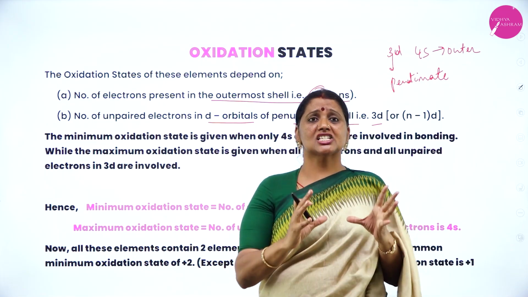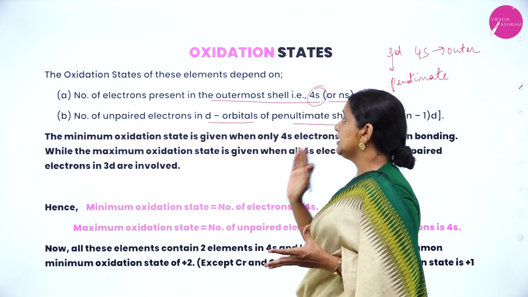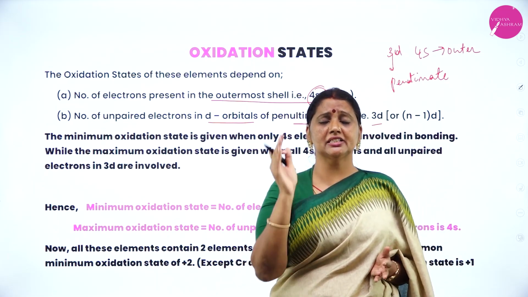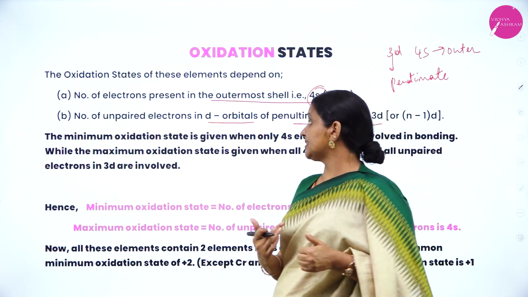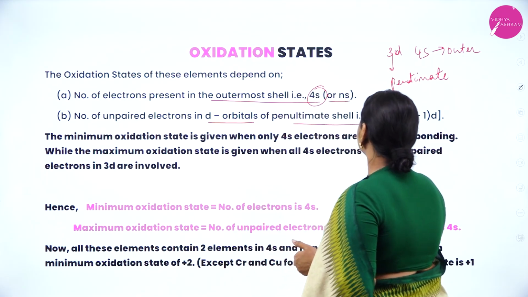So, the oxidation state of the 3d series depends upon two factors: the number of electrons present in the outermost shell, that is the ns shell, and the number of electrons present in the inner d orbital, that is the penultimate shell or 3d subshell.